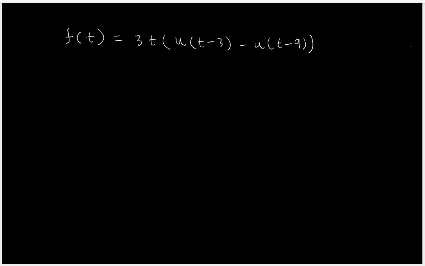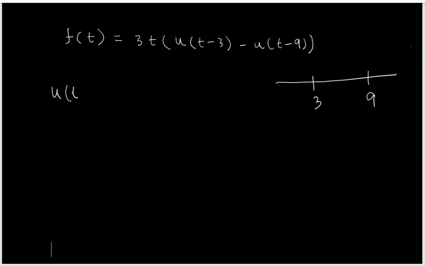Now we have a step function here. We want to find its piecewise defined form. So first, we write like this, that you have 3 and then you have 9. And we will determine it from the very basic definition.